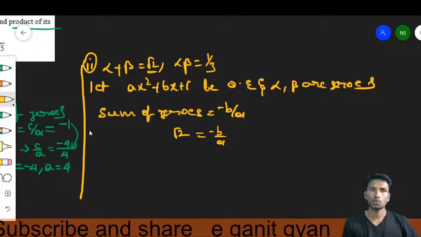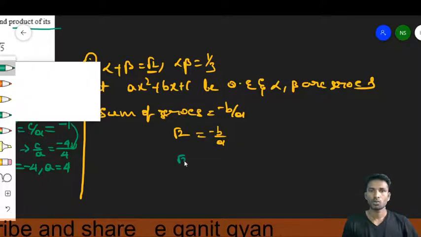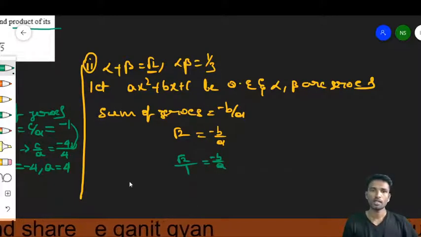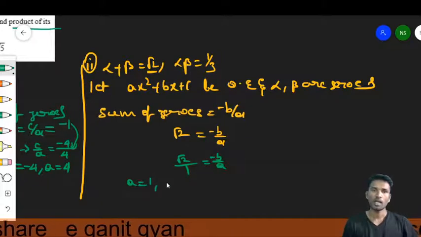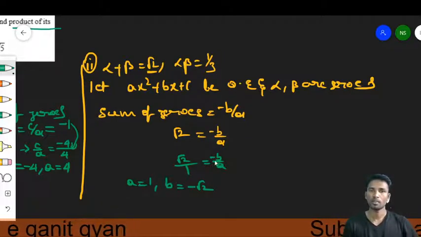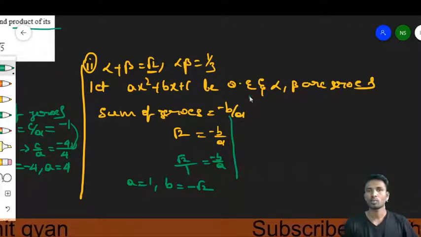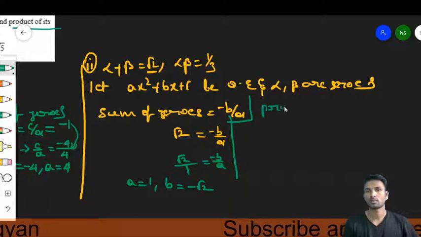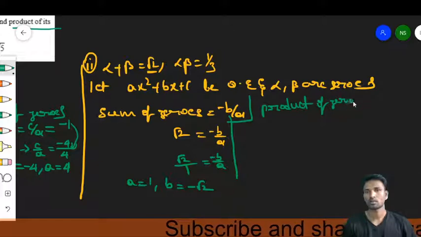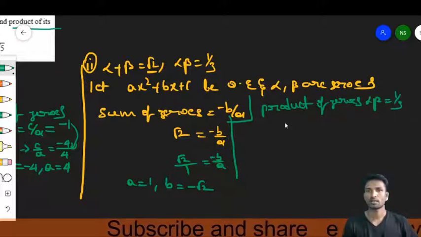Actually this √2 I can write as √2 divided by 1, which is equal to minus b by a. So I can get here a value as 1 and b value as minus √2, if I compare this numerator and denominator. In the same way, product of zeros, I can take alpha beta is 1/3.